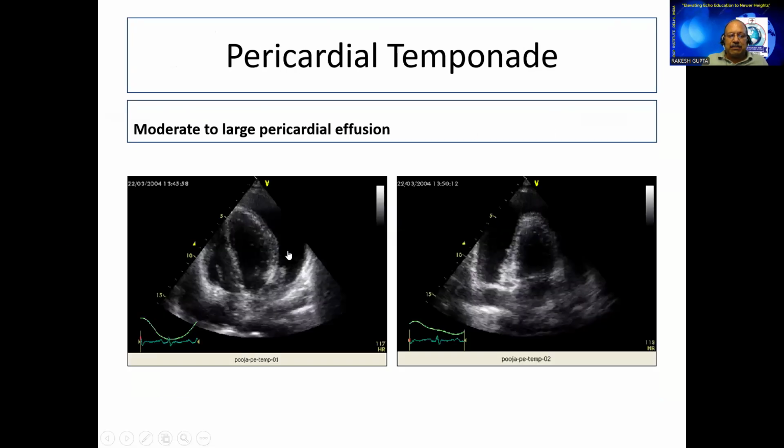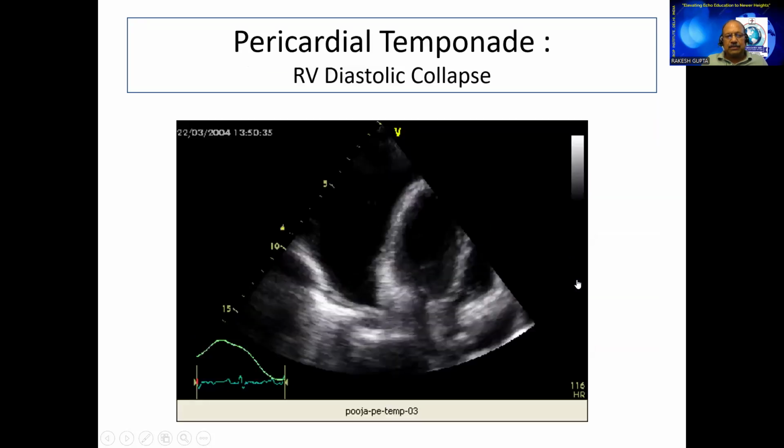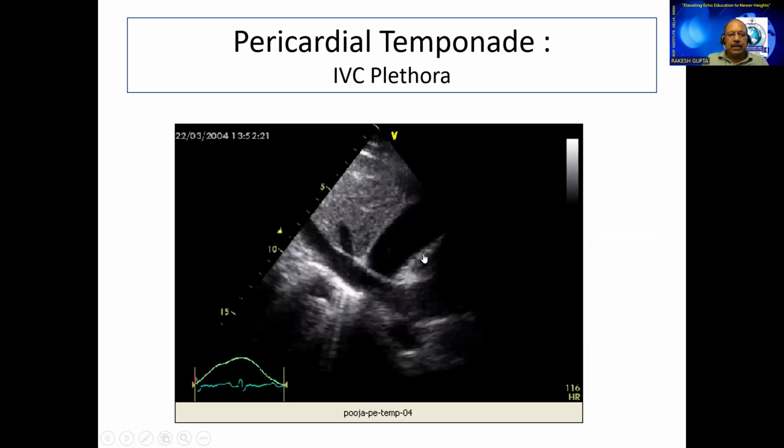Moderate to large pericardial effusion: look at the separation at the LV, look at the separation on the other side, and we can see all around the heart there is a pericardial effusion. Here is pericardial effusion with evidence of RV diastolic collapse. IVC plethoric, dilated IVC, dilated hepatic veins.